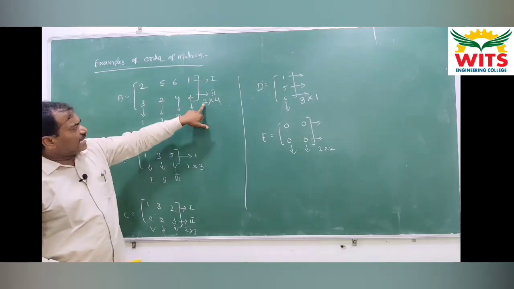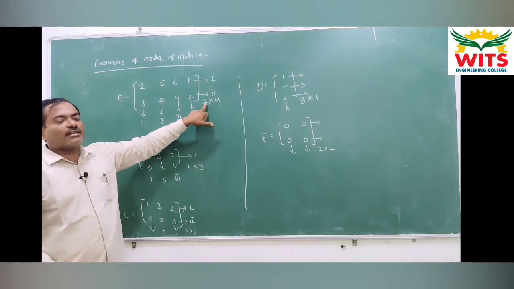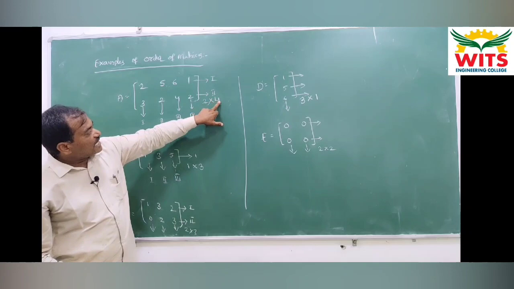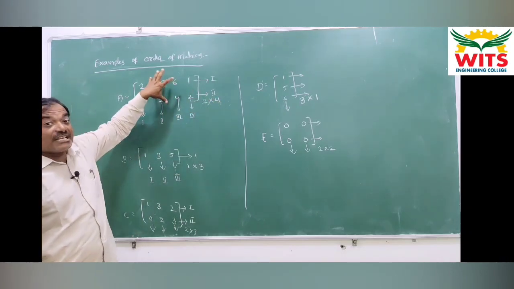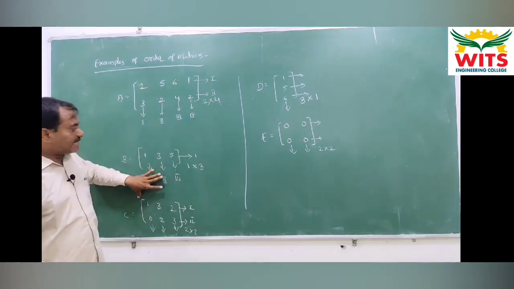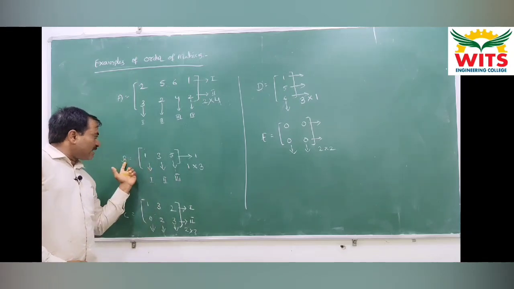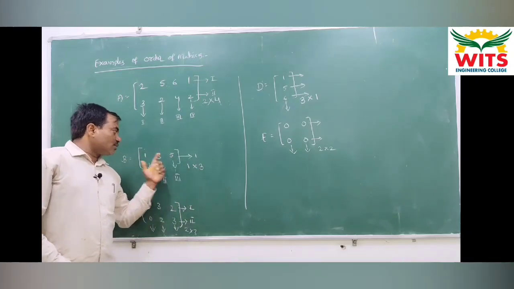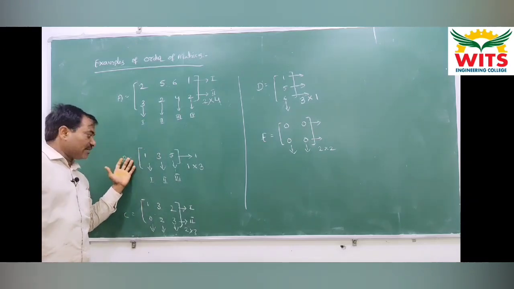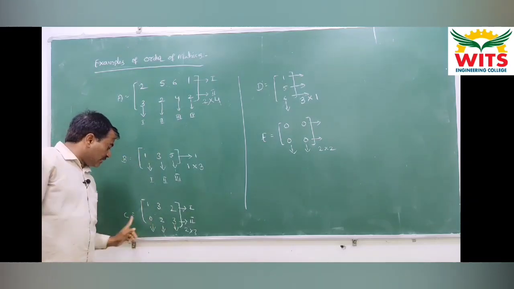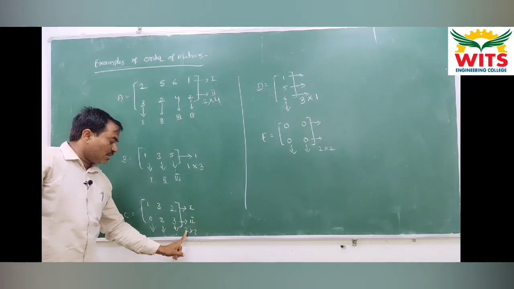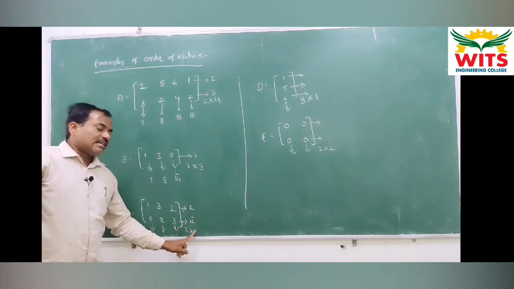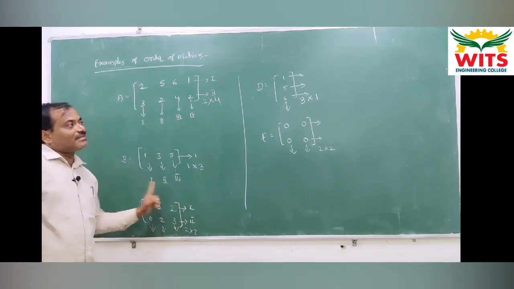Generally we calculate using the order: 2 fours are 8, so this matrix has 8 elements. Coming to the second example, this matrix has 1, 2, 3 elements. 1 three is 3, so the matrix has 3 elements. And in this one, the matrix order is 2 by 3. 2 threes are 6, so this matrix has 6 elements.